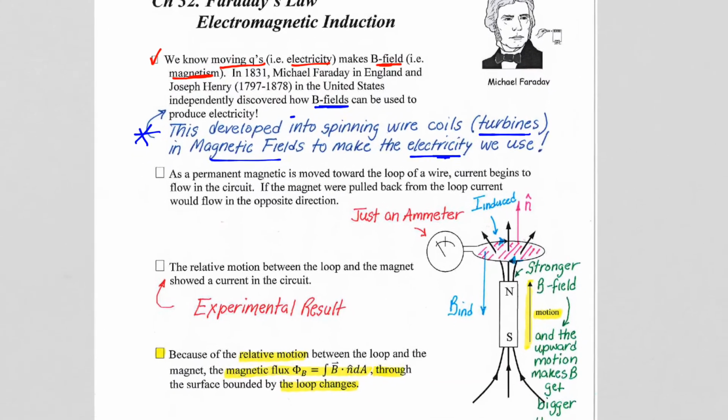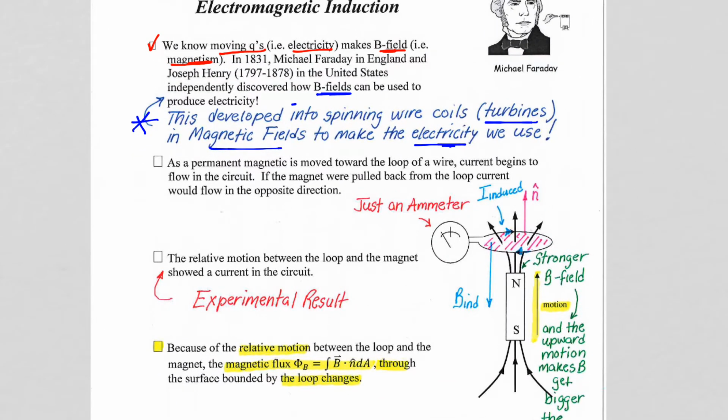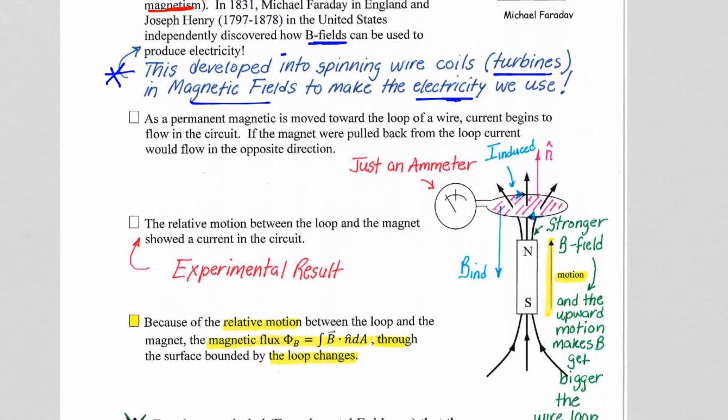So let's understand a little bit more about what Faraday and Joseph Henry discovered. What they saw was that if you take a permanent magnet and you just move it around a wire. The wire is just a wire.